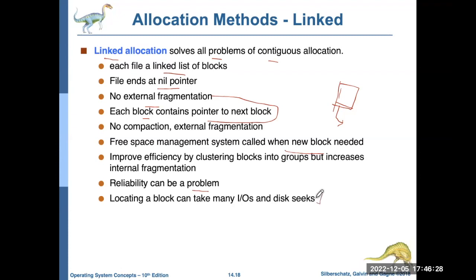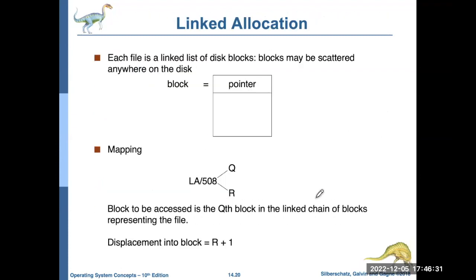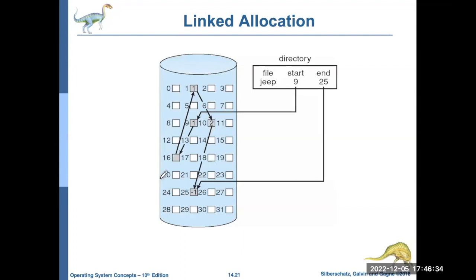So let me show you the diagram here. This is the diagram for linked allocation. In this allocation scheme for a file system, we have a start block number and an ending block number for a particular file.